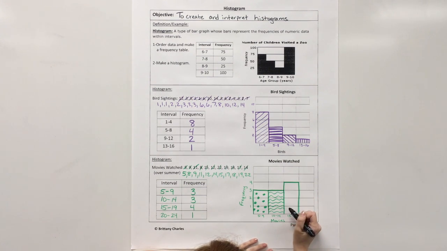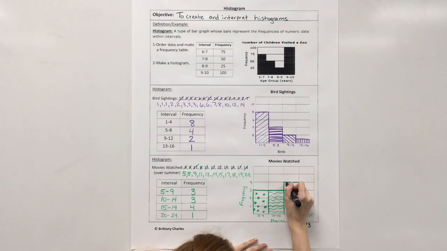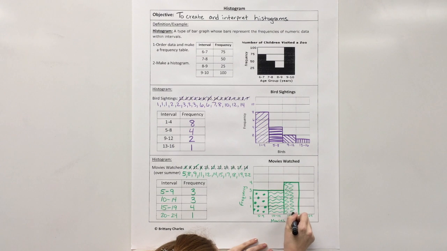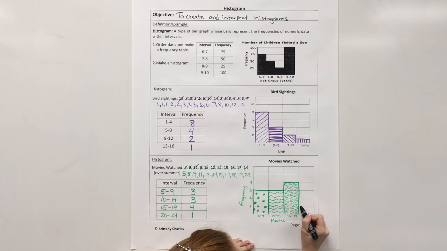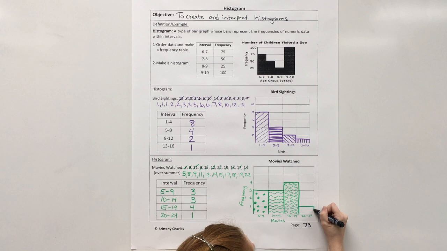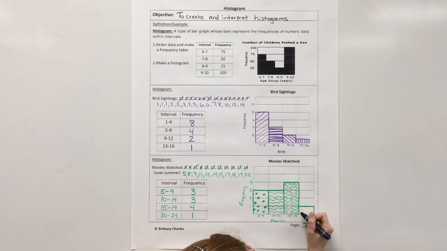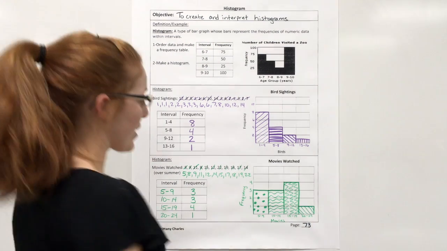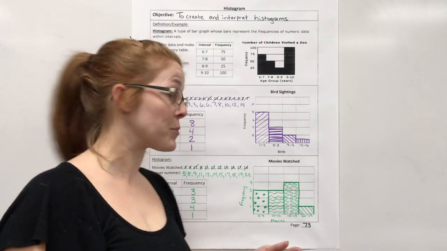Okay, and then the last one was at 1. Okay, so now I can see, so again, what conclusions can I draw from this graph?